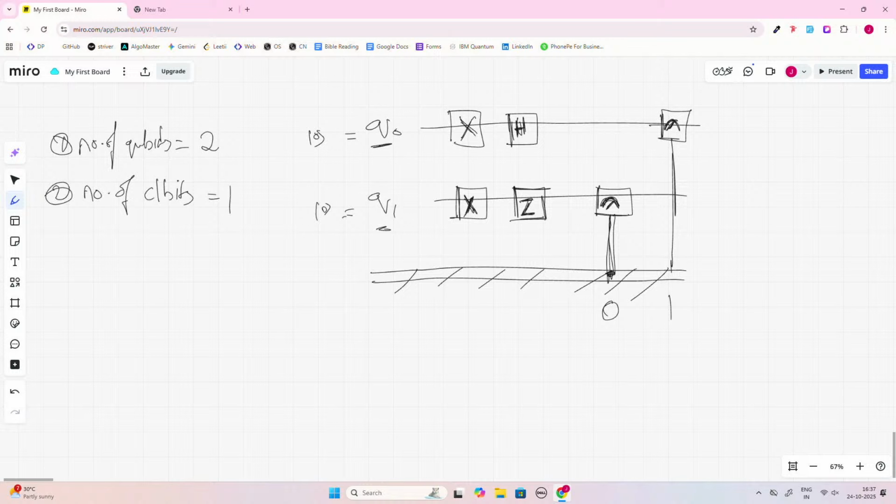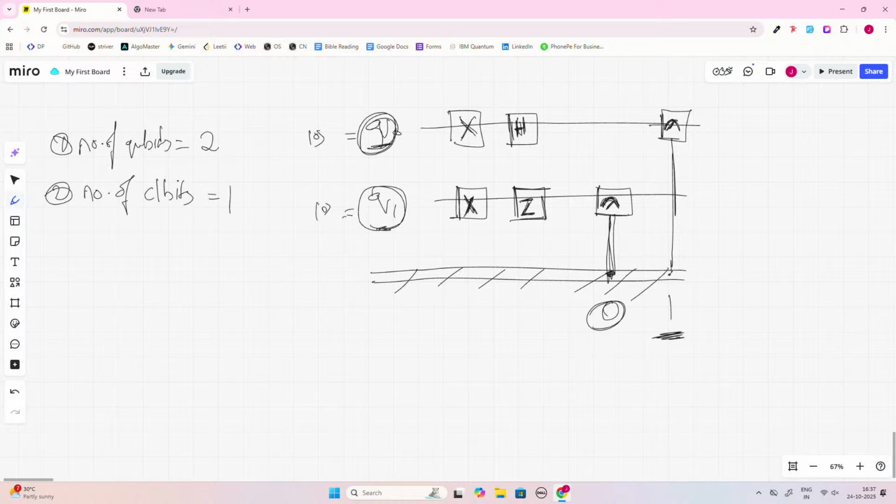And when you keep a straight line touching the double-layered line, it means that value is being stored in the classical bit. So the Q0 value is stored in the first classical bit, and the Q1 value is stored in the 0th classical bit.